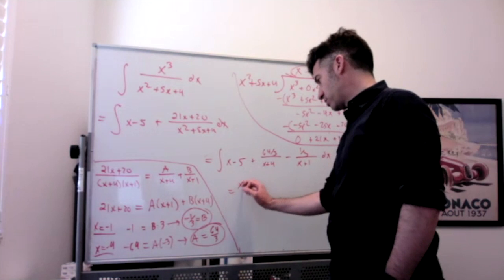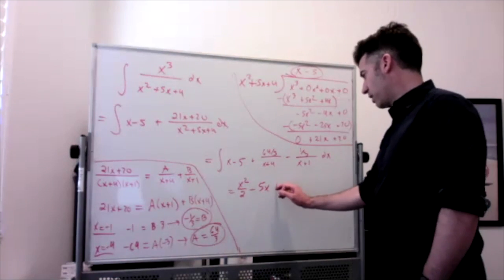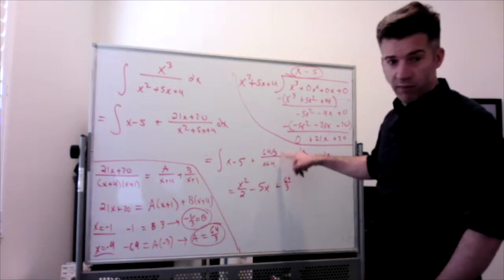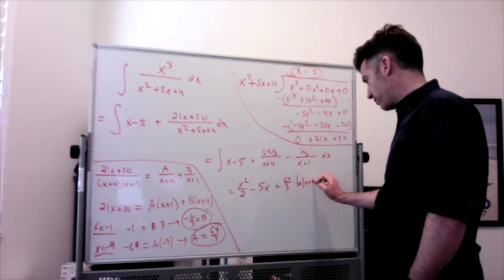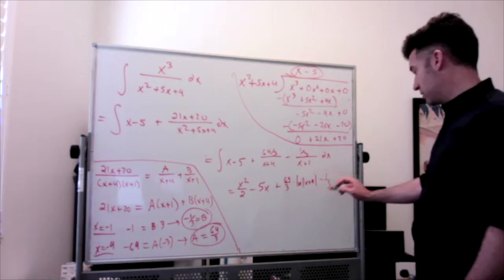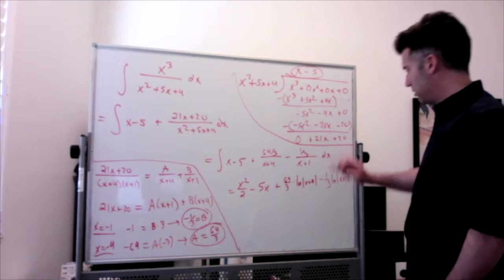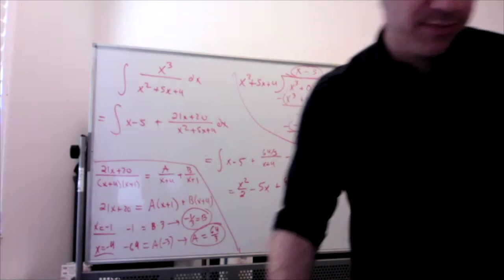That's going to be x squared over 2 minus 5x plus 64/3, that's just your coefficient, and the integral of 1 over x plus 4 is the natural log of the absolute value of x plus 4. Minus 1/3, the integral of 1 over x plus 1 is the natural log of the absolute value of x plus 1. Plus c. So that's how you do a problem like that.